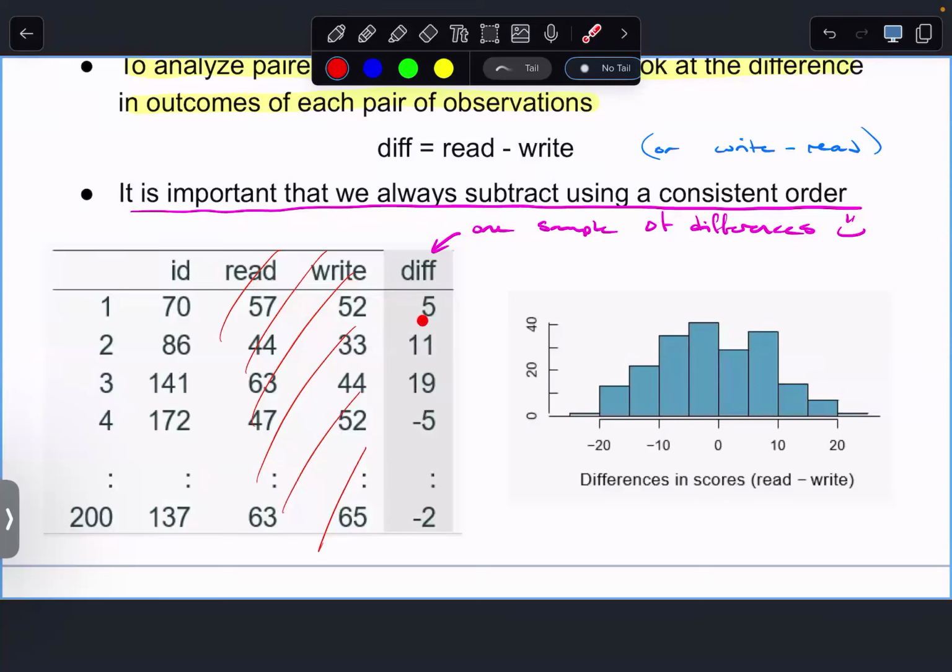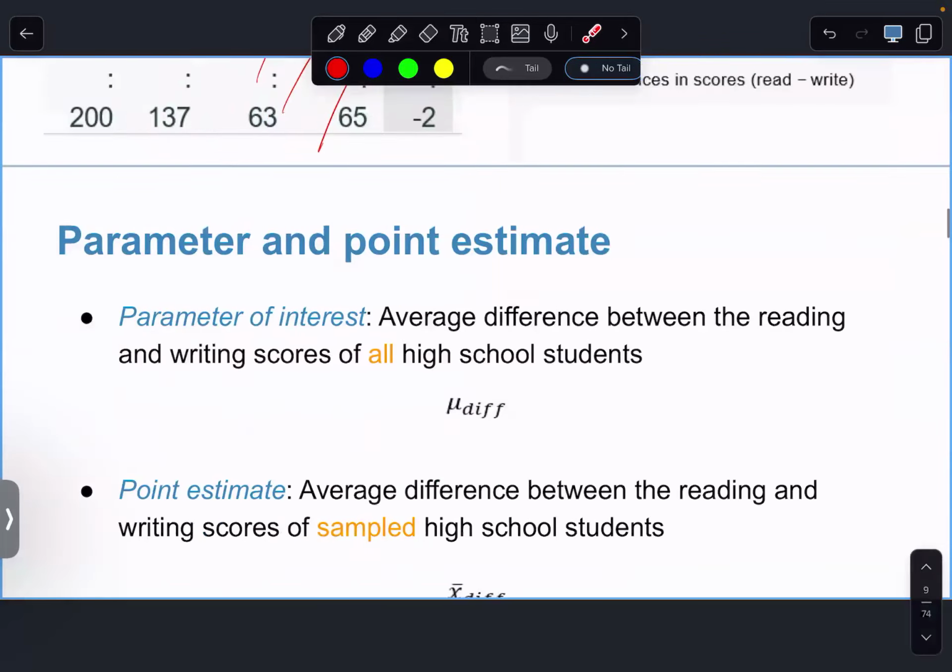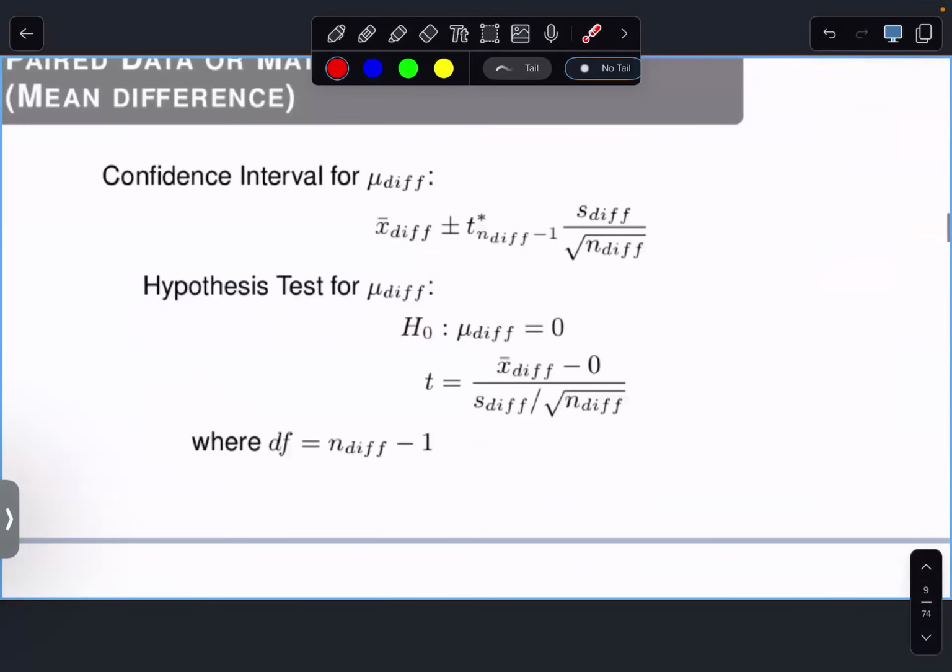What would that mean here? It would mean that the overall mean should be 0 if there's no difference, right? And so what's really nice is once you've decided that you have paired data, then this is always your null hypothesis. How does mu diff compare to 0? We have to assume it's 0 until I have proof otherwise. And so I'll highlight that because that's the only difference here.